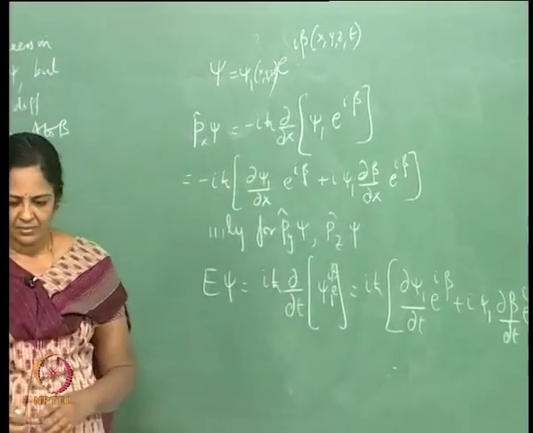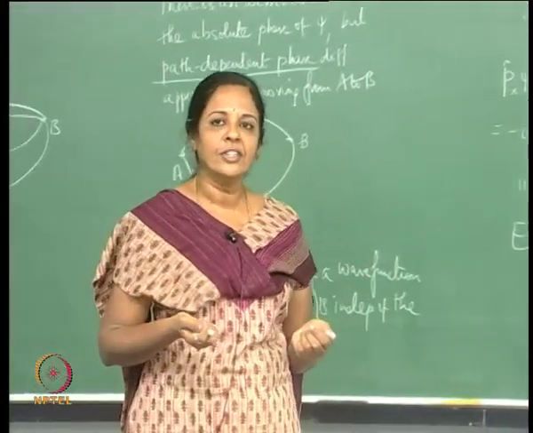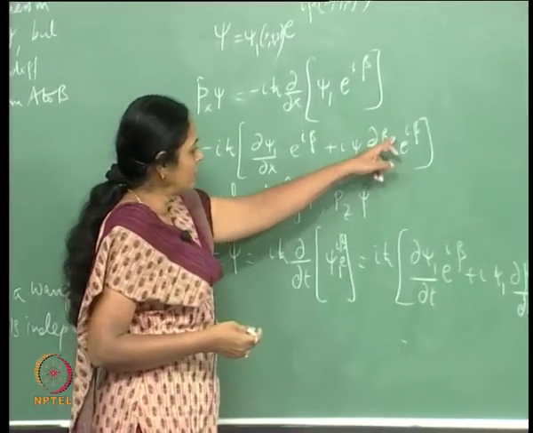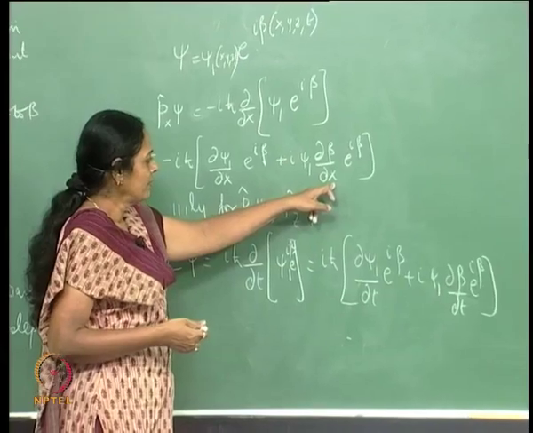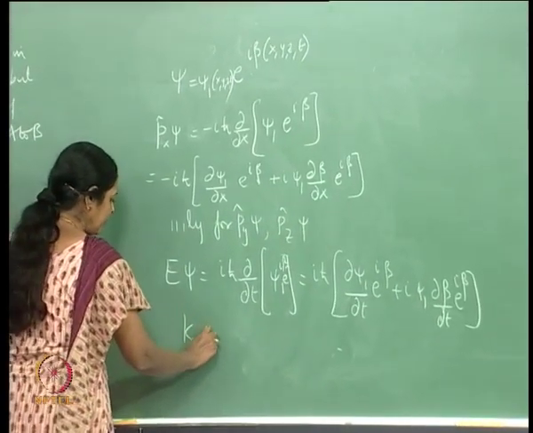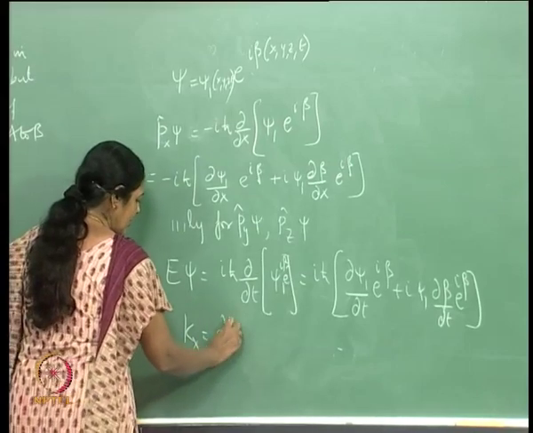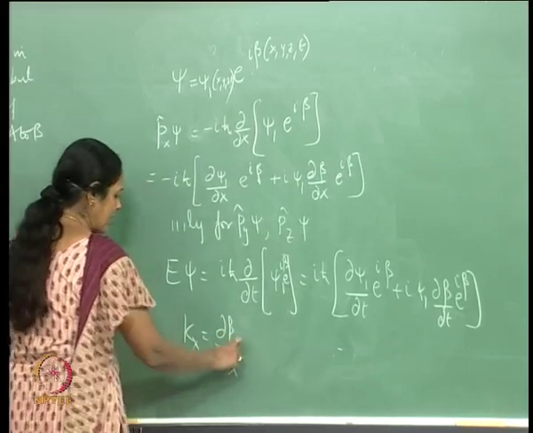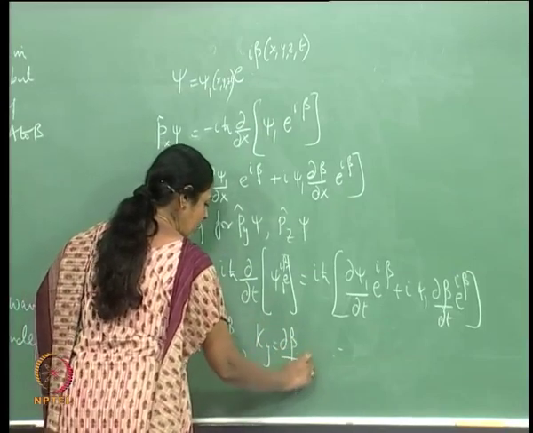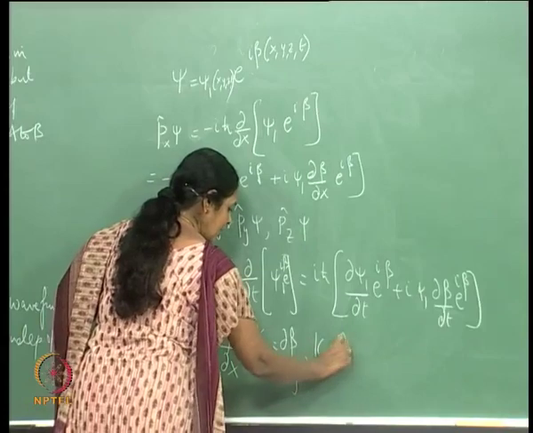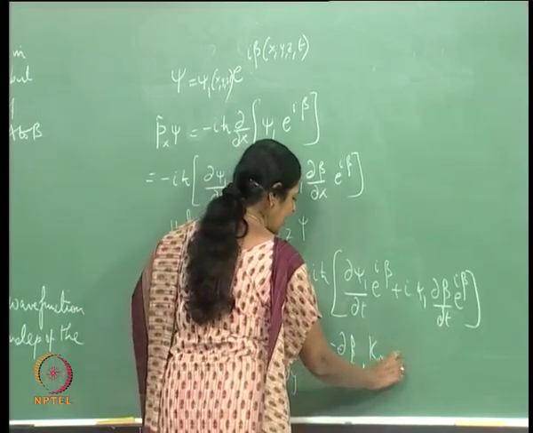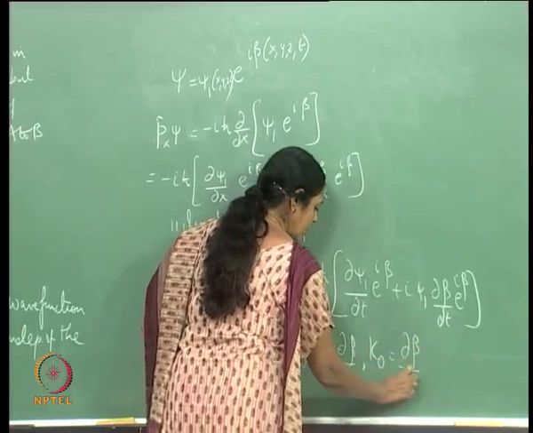Now, since the wave function is continuous, the derivative of beta, the phase, should exist, and I am going to refer to delta beta by delta x as kx, delta beta by delta y as ky, delta beta by delta z as kz, and by k naught I refer to delta beta by delta t.